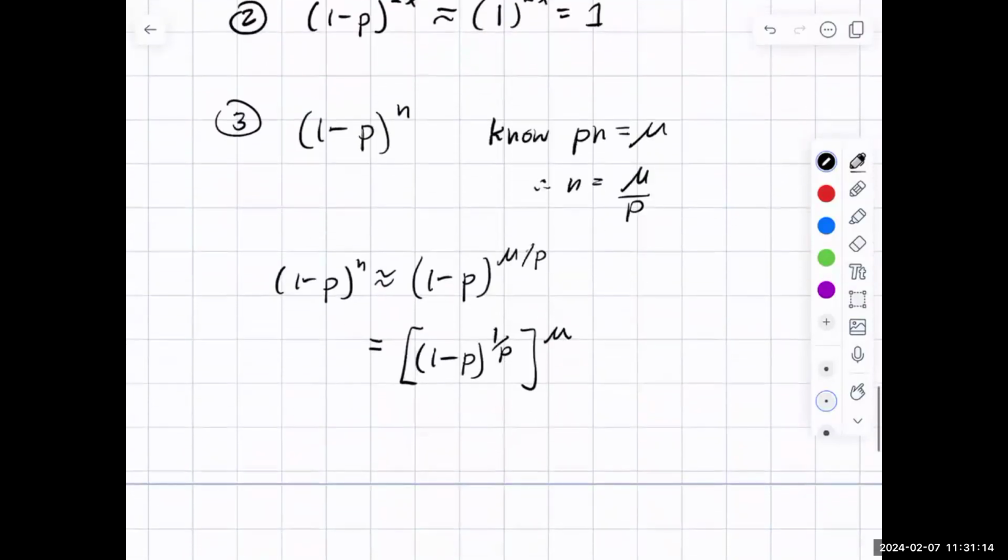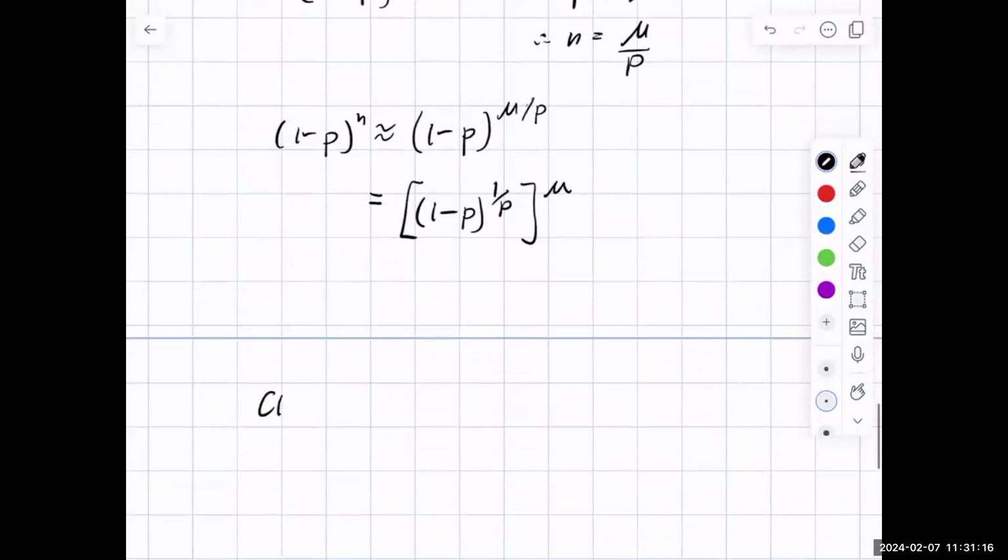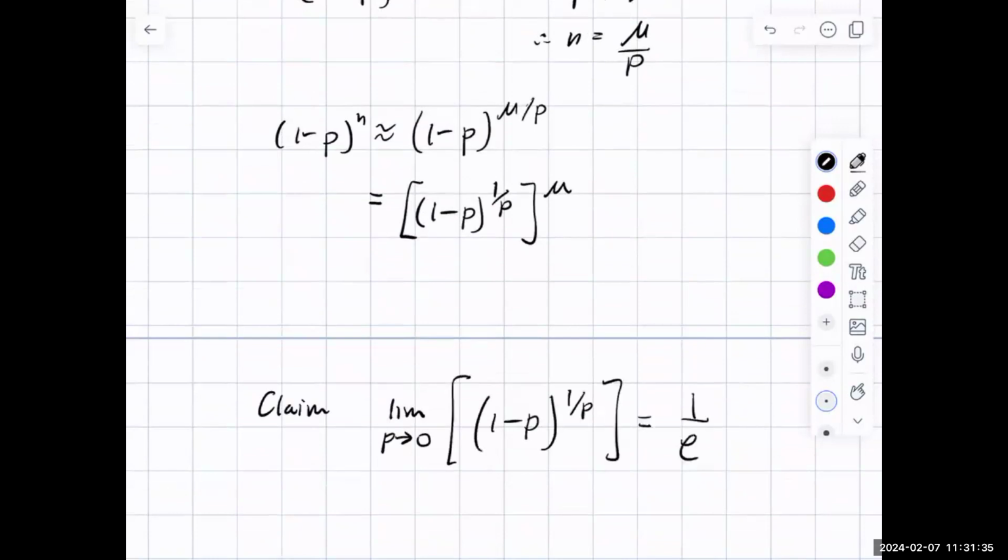Okay, so my claim is the following. I claim that in the limit that p goes to 0, so a small probability, we're going to have 1 minus p to the power of 1 over p equal to 1 over e, where e is Euler's number.